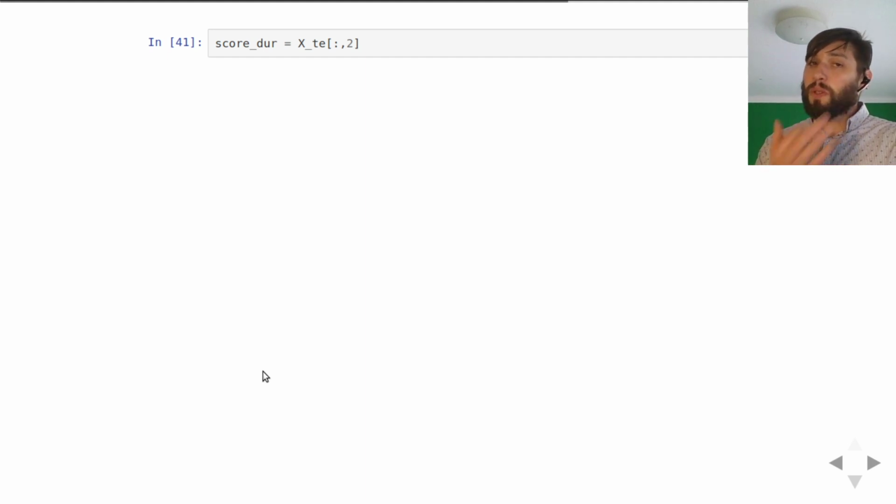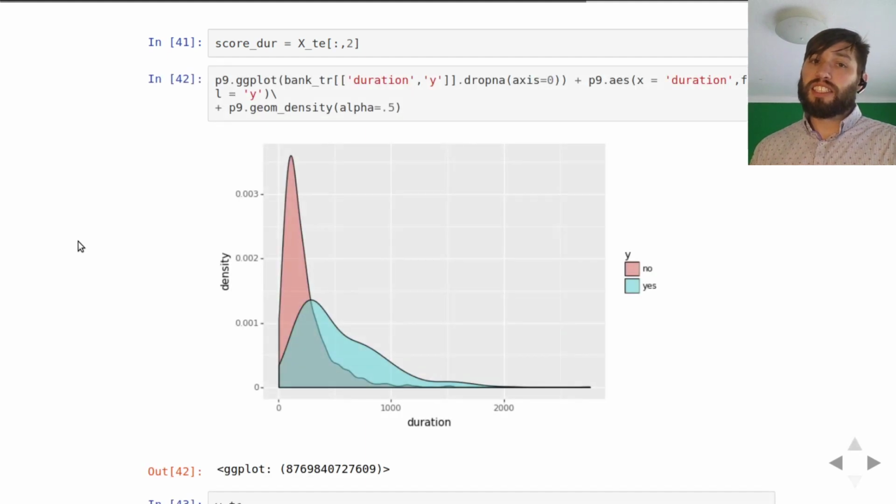So suppose I'm going to create a score. I'm going to make a score that's just this second column of XTE. And I'm going to say that if that second column has a high value, then I'm going to predict a 1. If it's a low value, I'm going to predict a 0. And this isn't a coincidence. I chose this because I looked at this plot, where the red is no and the blue is yes.